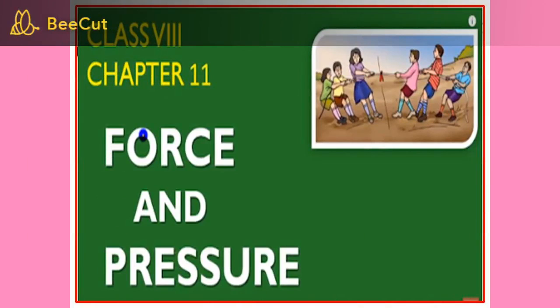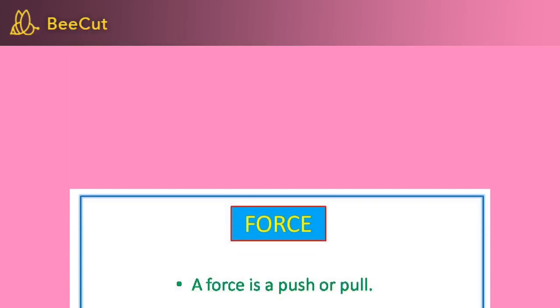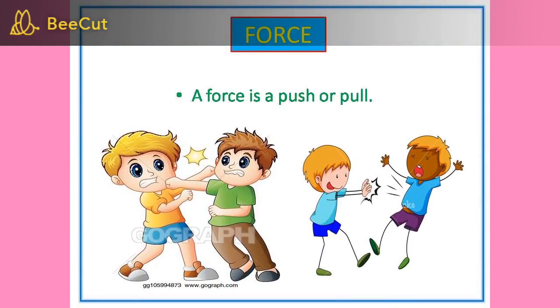Today we learn about force and pressure. In class 7 you have learned how objects move. Let's recall, what do you do to make a football move? What do you do to make a moving ball move faster?